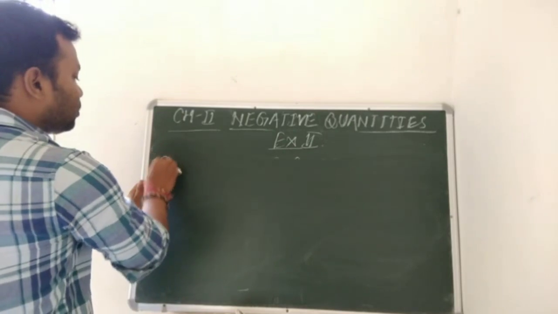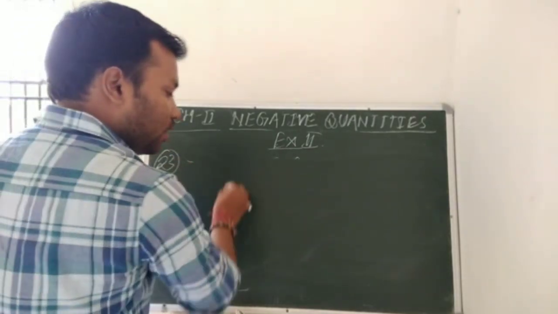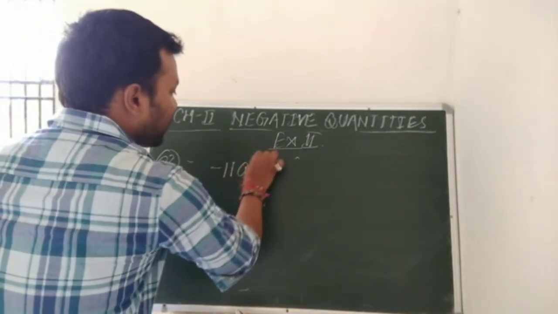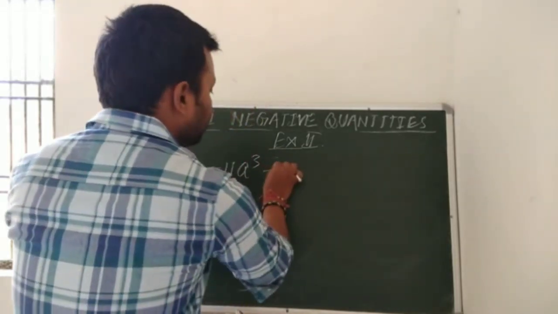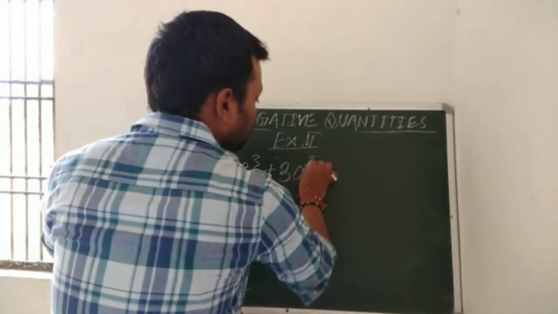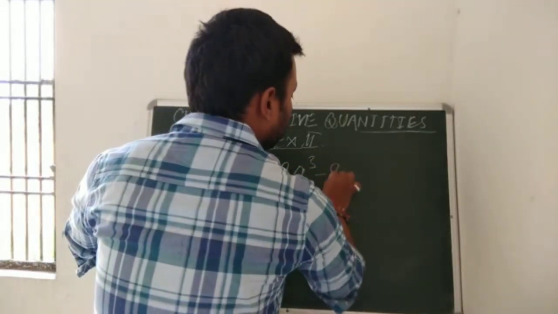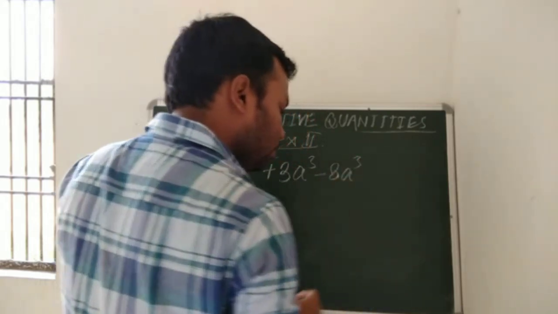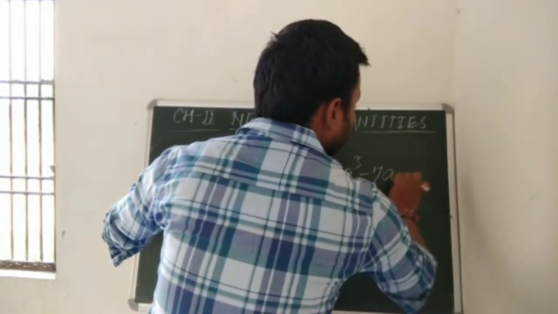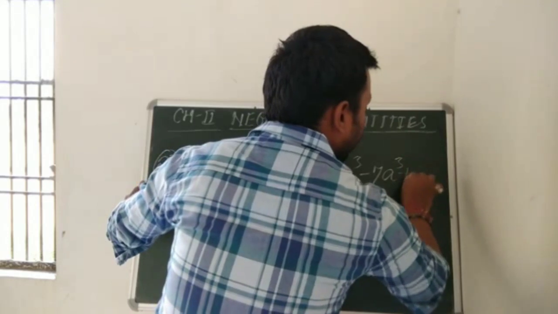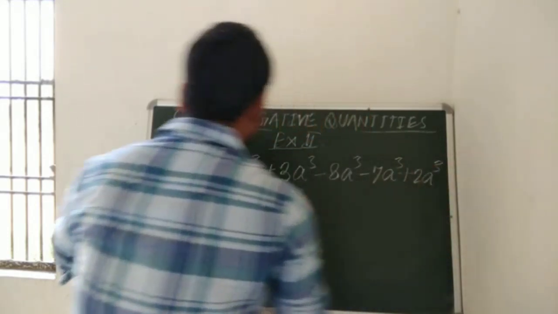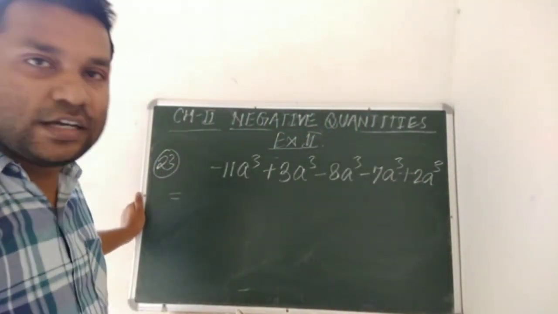Question number 23. Again we have some positive quantities and some negative quantities, and we have to find their sum. So we will apply here our rule number 4, according to which we have to collect all the positive terms together and all the negative terms together.